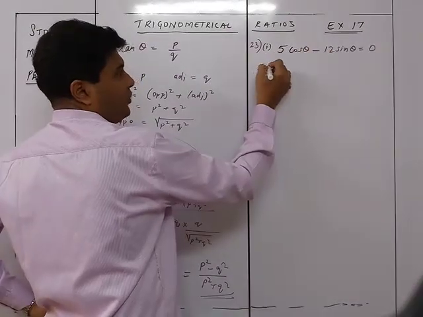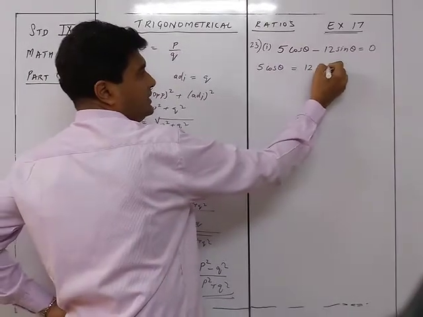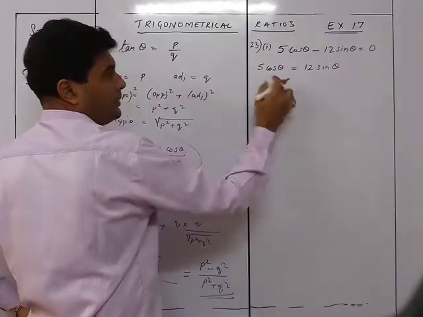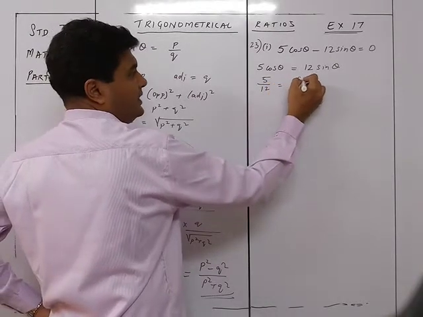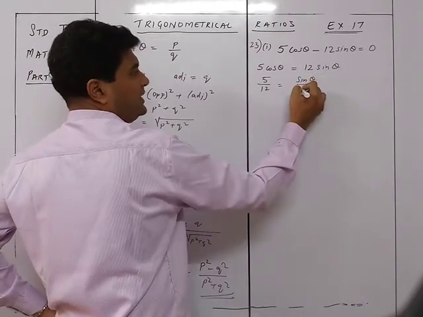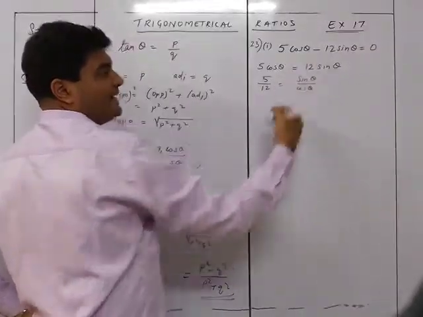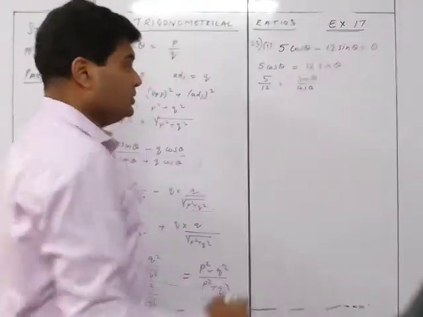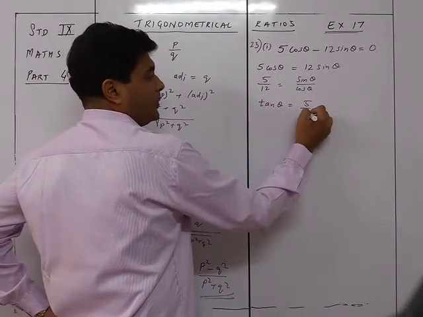So 5 cos theta is equal to 12 sin theta. That means 5 upon 12 is equal to sin theta upon cos theta. 12 goes here, cos goes here. What is sin theta upon cos theta? Tan theta. So we have tan theta is equal to 5 upon 12.